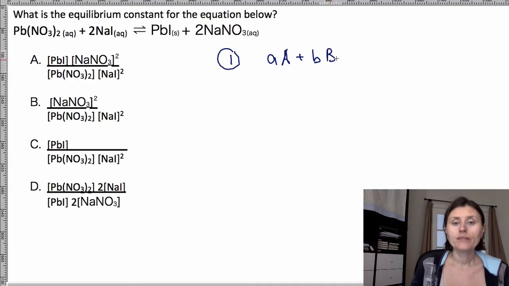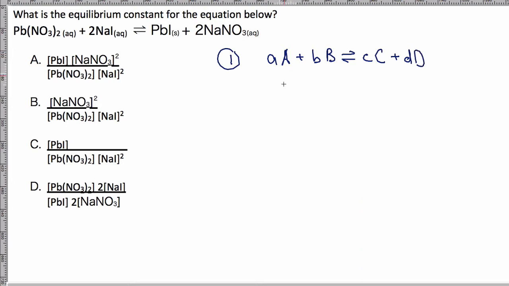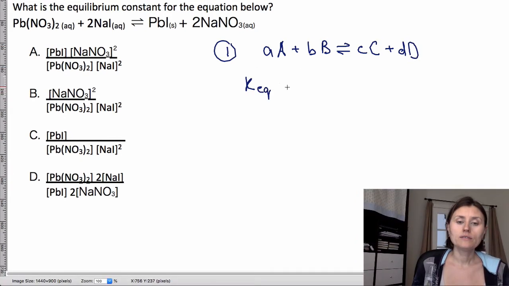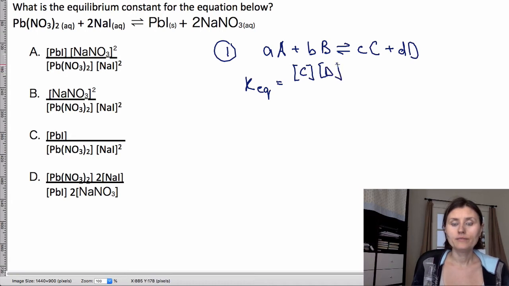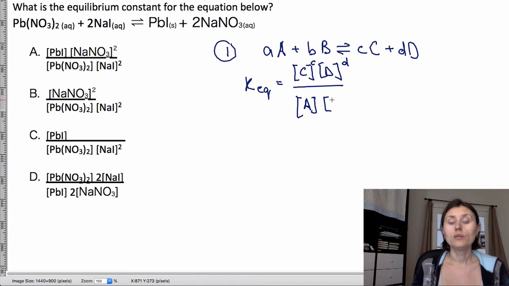Basically, if you have a stoichiometric equation that looks like this, the equilibrium constant will be the concentrations of products multiplied together and to the power of their respective coefficients, divided by the concentrations of the reactants multiplied together to the power of their respective coefficients, like that.